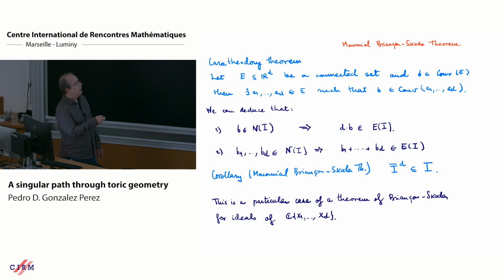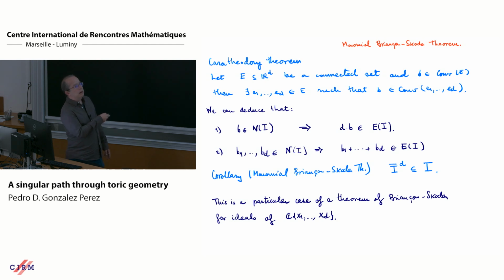Let's now recall a combinatorial theorem, the Carathéodory theorem, which I state here in some particular case. I take a connected set E in R^d, and I take b in the convex hull. Then this theorem tells us that there exist e_1, ..., e_d in E in such a way that b belongs to the convex hull of e_1, ..., e_d.